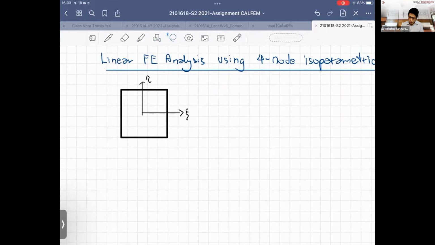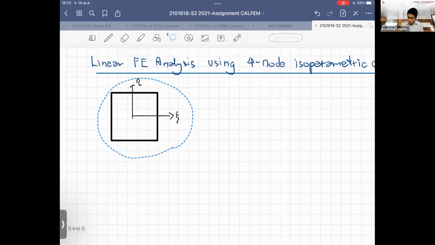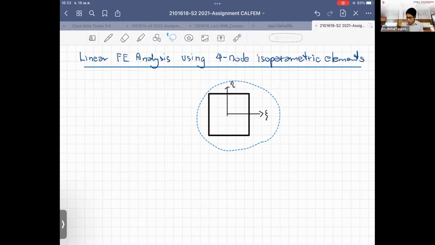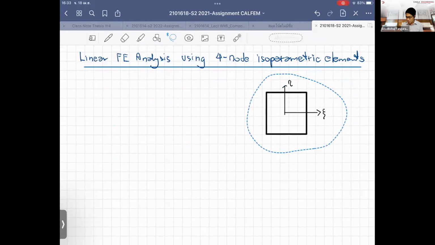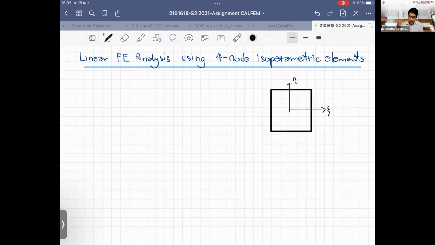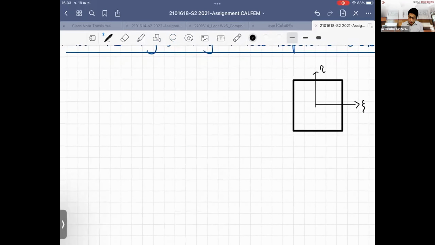Normally we use coordinates in x and y, but when we use isoparametrics we want to use a unitless element. What this unitless element means is it can represent arbitrary forms of the element.